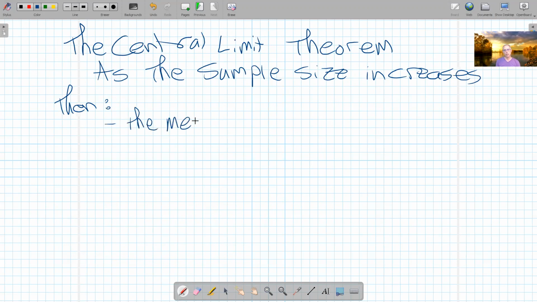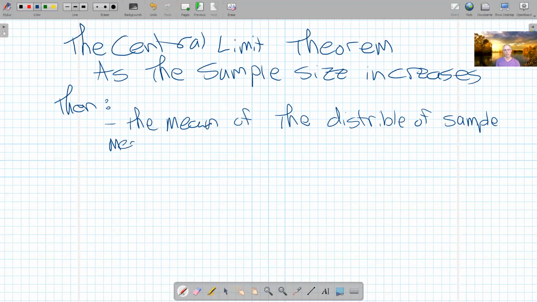The mean of the sampling distribution, and in this case I'm going to say that a little differently, the mean of the distribution of sample means.